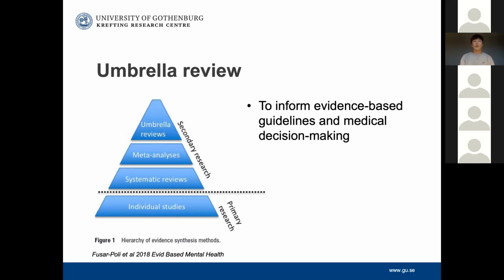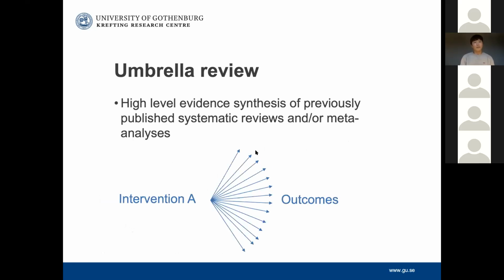And we would be able to get a comprehensive view of the evidence landscape to inform evidence-based guidelines and medical decision-making. So from this hierarchy of evidence synthesis, we can see umbrella reviews stand at the top of the pyramid.